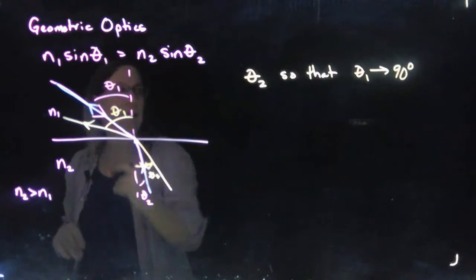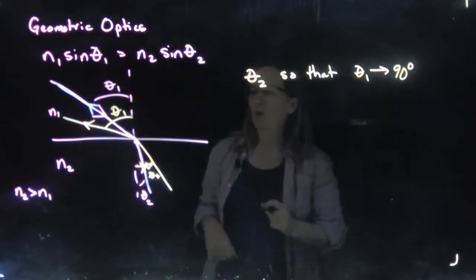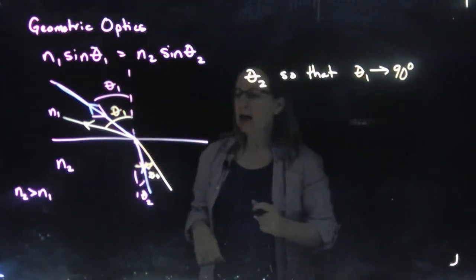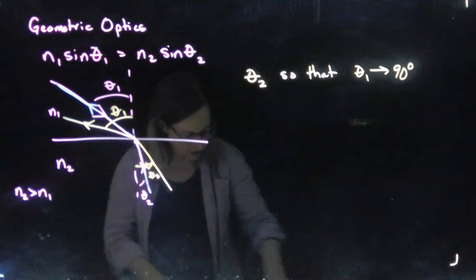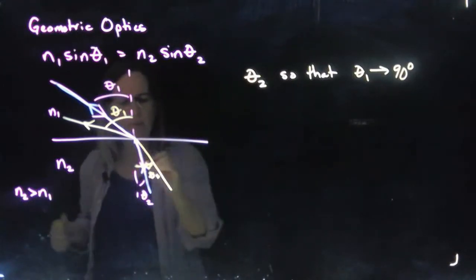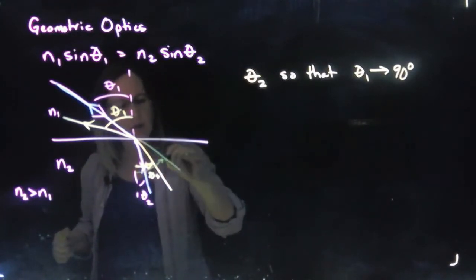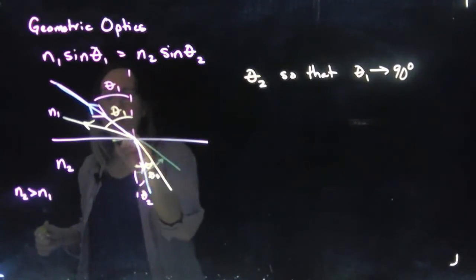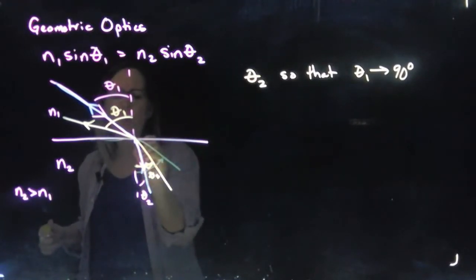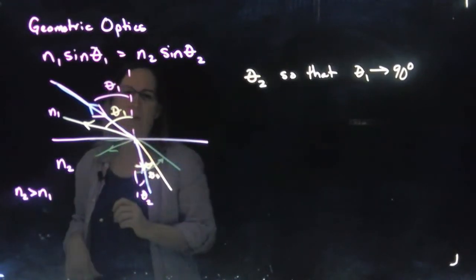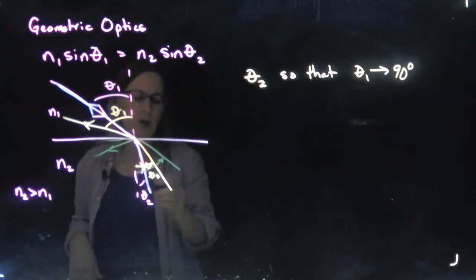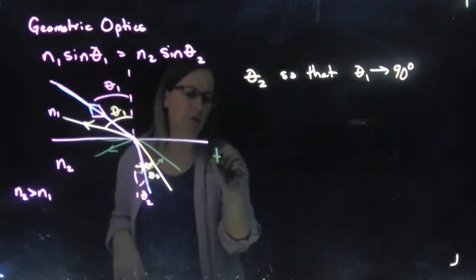And so we can get to this point that theta 1 equals 90. And if we go beyond that, so if we make it so much bigger, so here's my theta 2, if we go beyond the point where it's 90, then what happens is we get reflection. Okay, so we get something called total internal reflection.